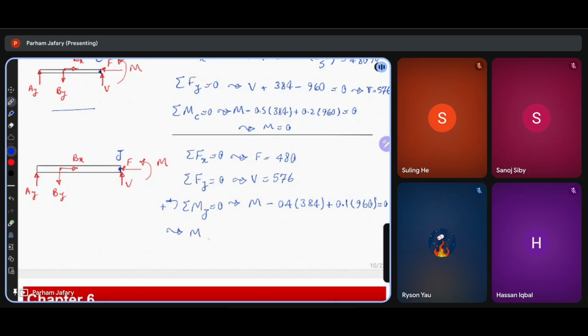Therefore, the moment at J will become 57.6 Newton meters.